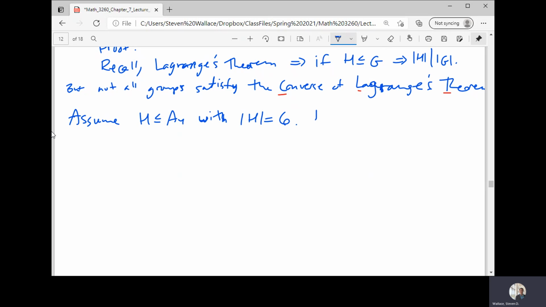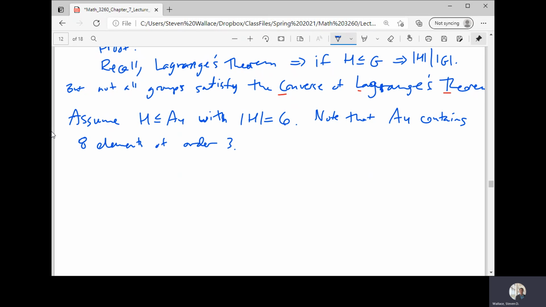Okay. Now notice A4 contains 8 elements of order 3. I could write them all down, I guess, but all the 3-cycles will give you 8 possibilities there.